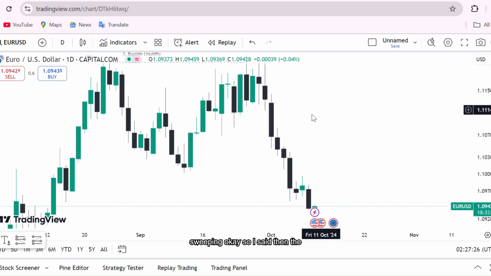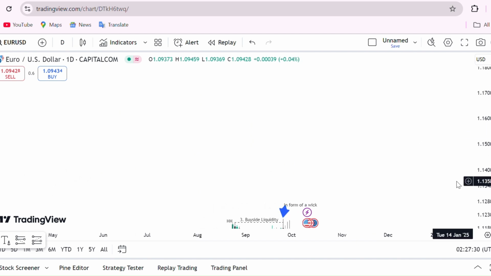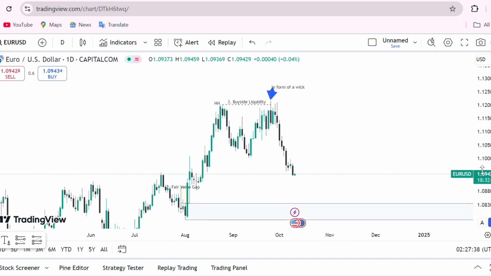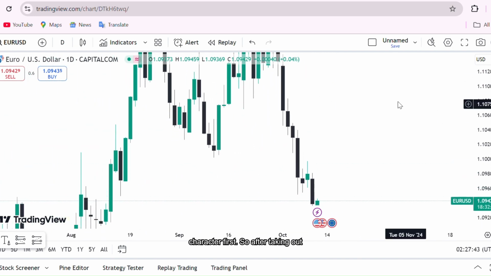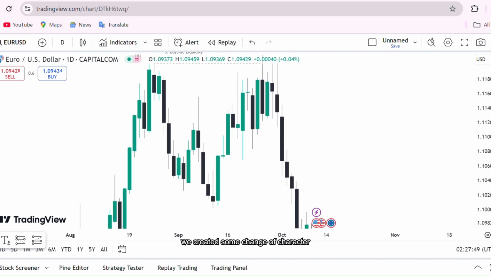Okay, so the fourth confluence is inducement, and the fifth is going to be a change of character. But let's talk about the change of character first. After taking out this high by a form of a wick, we created some change of character in this area.